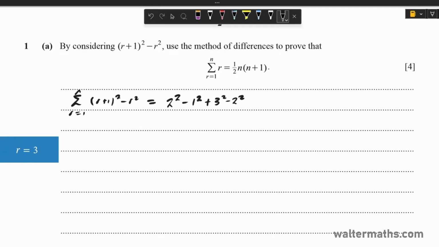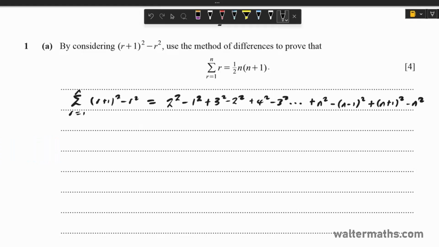When r is 3, that will be 4 squared minus 3 squared, and so on. And the term that comes before the last, that is the term when r is equal to n minus 1, so we'll be having n minus 1 plus 1, which is n squared, minus n minus 1 squared.